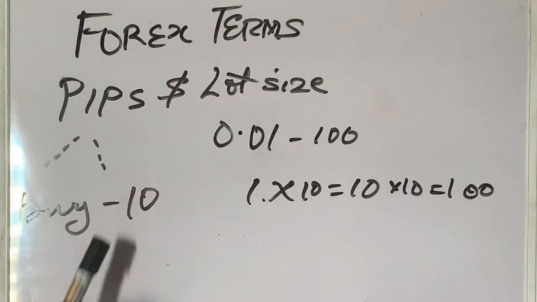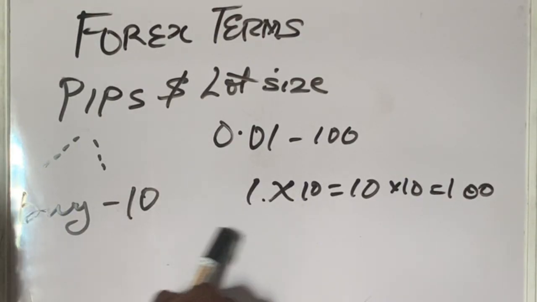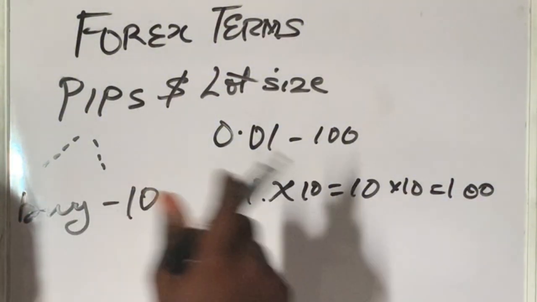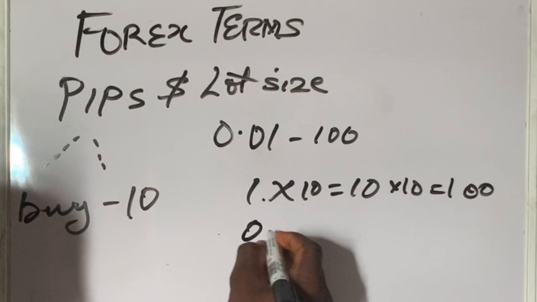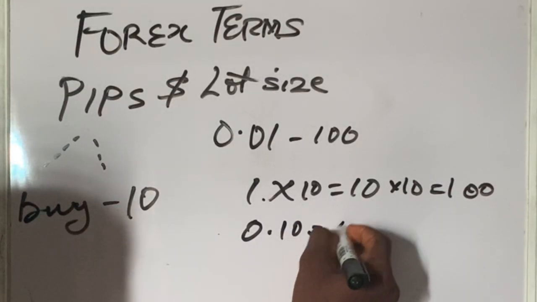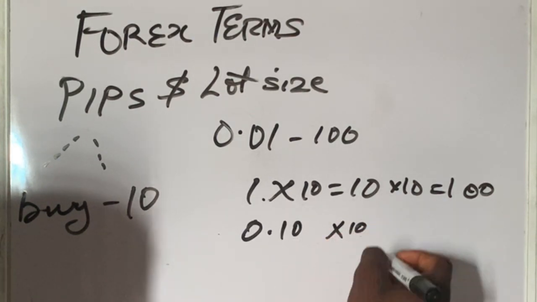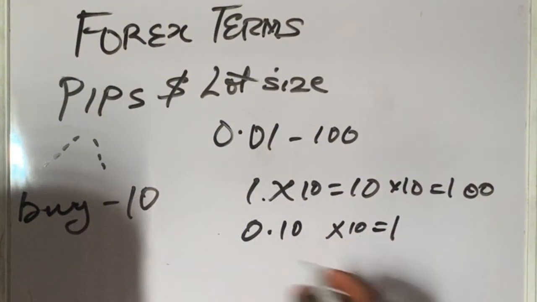It means if that trade goes in your direction by 10 pips, you use one lot, then the amount you are going to be making will be $100. But if it goes against you the same way, then you are going to be losing the same $100. That is it. And let's say you use 0.10 instead. 0.10 times 10 is equal to 1, times the pips you make on that trade.